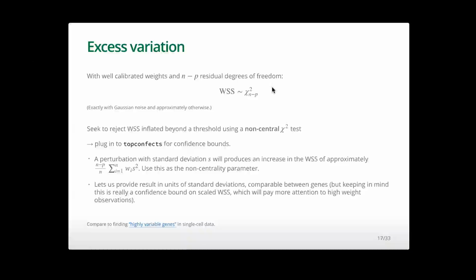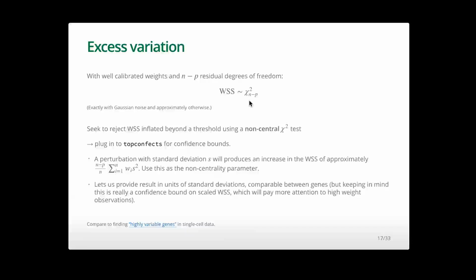We expect the weighted sum of squares to be about the number of samples minus the number of predictors, including the intercept term, so the residual degrees of freedom. To make that more concrete, we expect it to be chi-squared distributed with residual degrees of freedom.